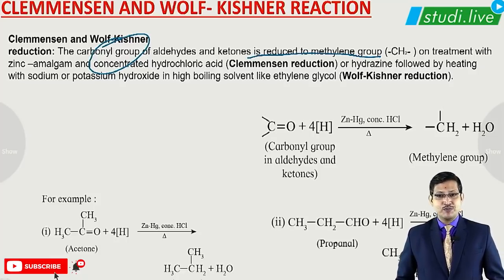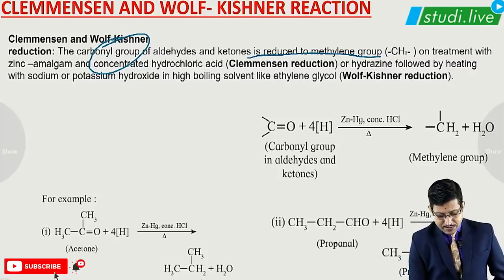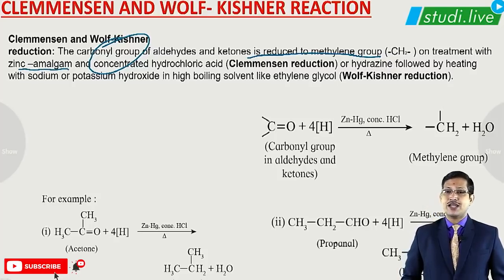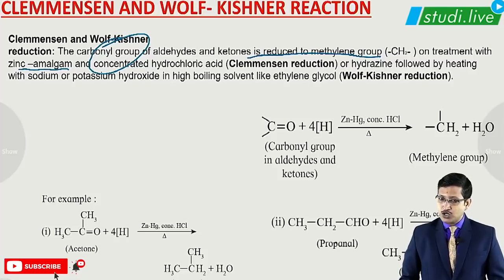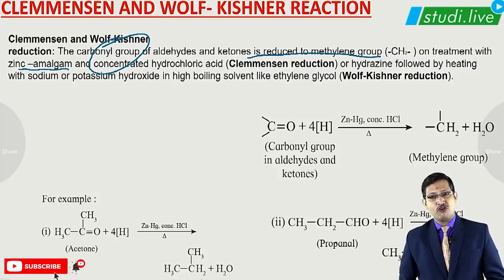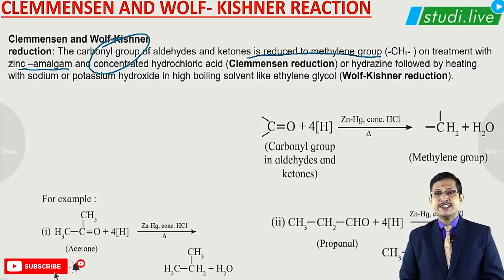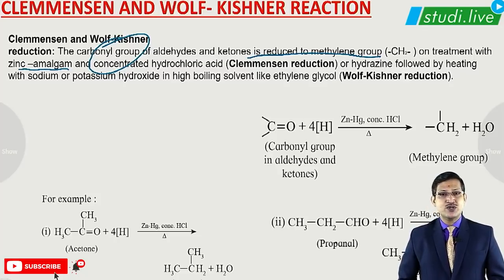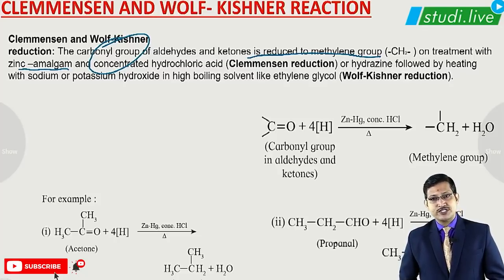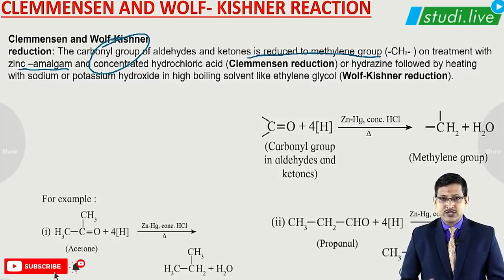So the carbonyl group gets converted into a methylene group, and the reaction takes place in presence of zinc amalgam. When I say it forms a methylene group, we are talking about the formation of alkanes, hydrocarbons. So the carbonyl group of aldehydes and ketones is reduced to a methylene group on treatment with zinc amalgam and concentrated HCl.